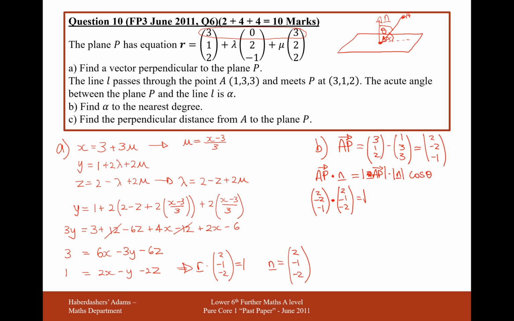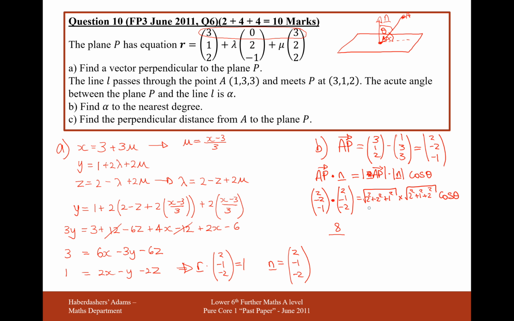And this is going to equal the modulus of the AP vector, so that would be 2 squared add 2 squared add 1 squared, times by the magnitude of the n vector, 2 squared plus 1 squared plus 2 squared, times by cos theta. So working all of these values out, 4 take away 2, so 4 add 2 because it's a double negative there, add another 2, you get an 8.